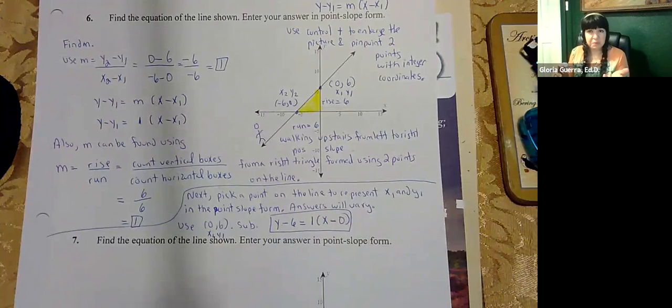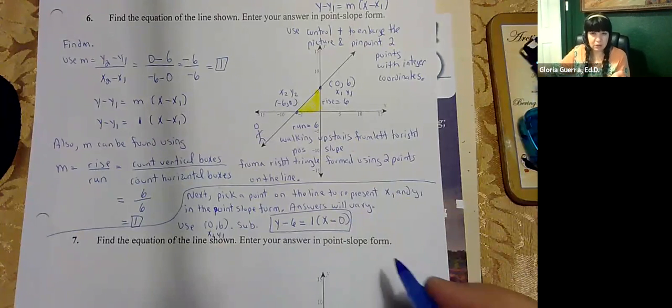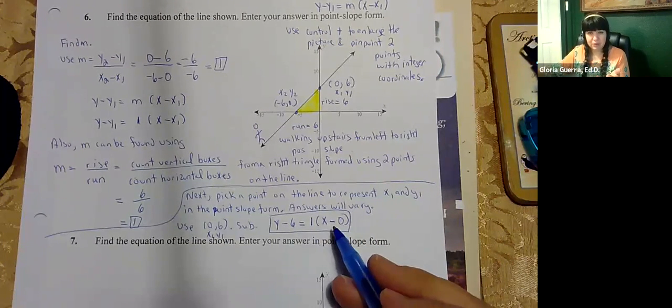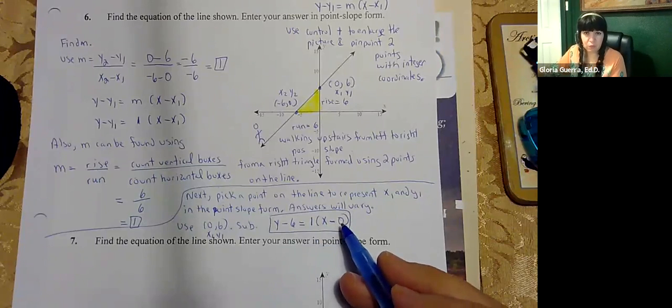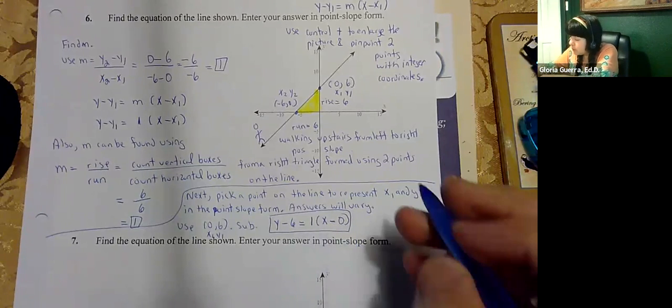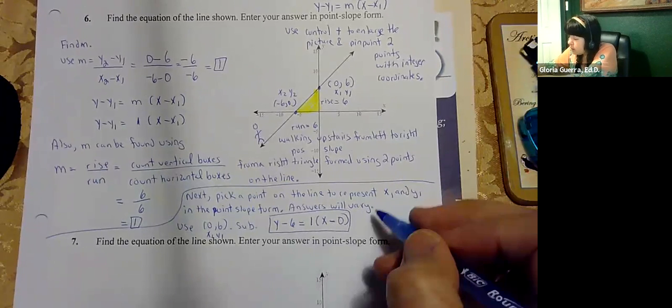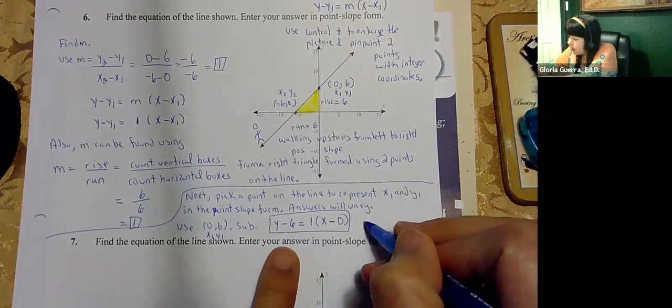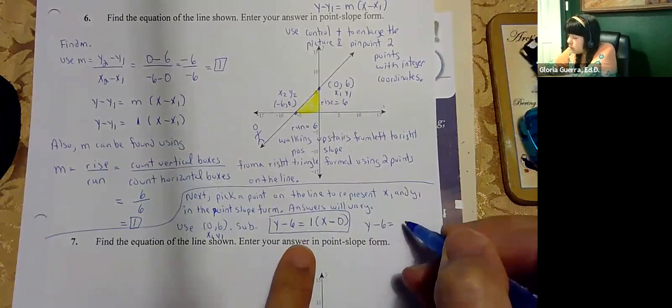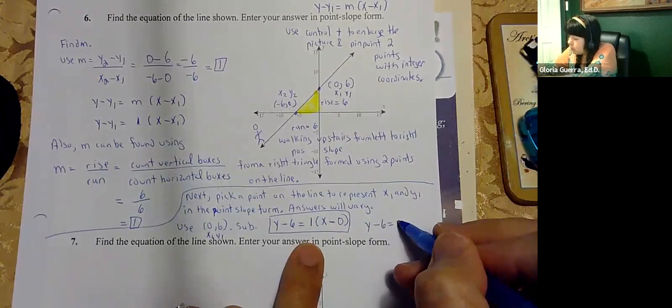But the computer is real picky. The computer is real nitpicky, and it says, well, 0 is really not there, right? 0 is really not there. And so if you type this in, I think it will complain because the 0 is there, and 1 times -0 is 0. And I think that what the computer will want is Y minus 6 equals, for example, 1, right?